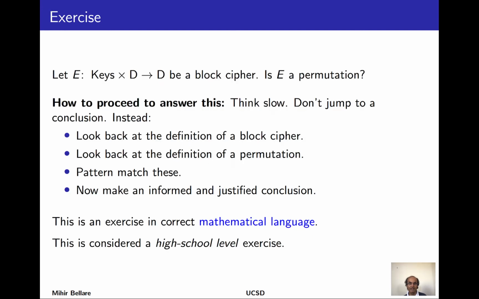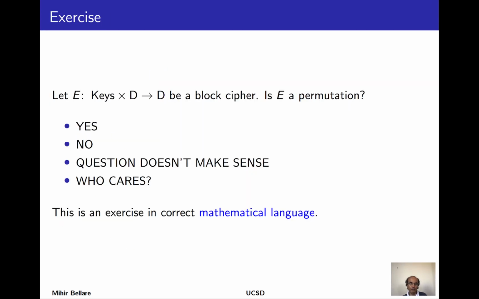What that means is don't try to answer this straight away by blurting it out. Instead, understand that both a block cipher and a permutation are well-defined mathematical objects. To answer the question, you need to go back, look at the definitions, and then use that to draw a conclusion. So after having looked at the definitions and pattern matched them, you might see that the answer, depending on how you think about it, is either no or that it doesn't make sense.